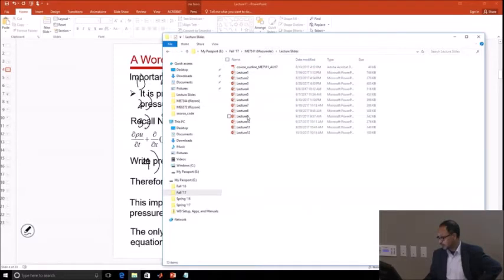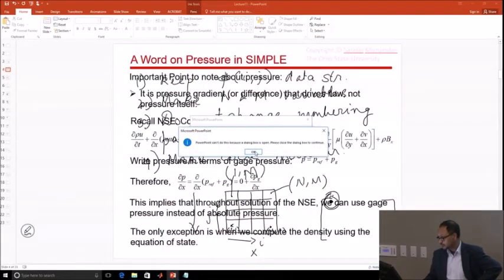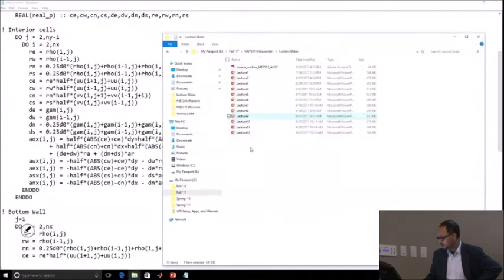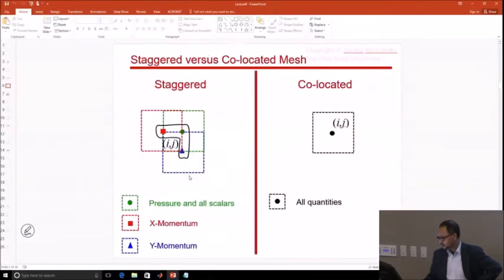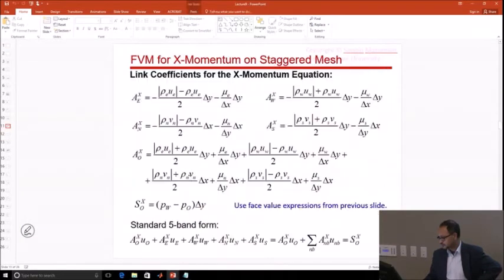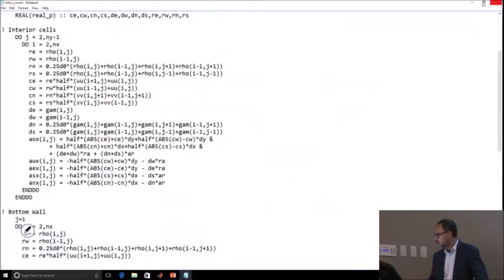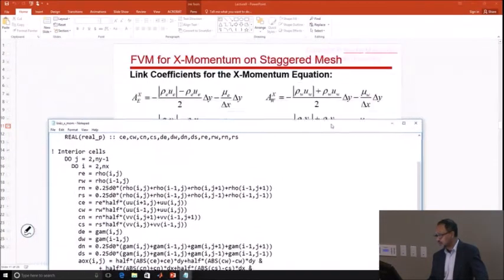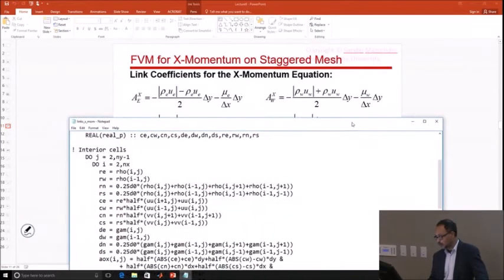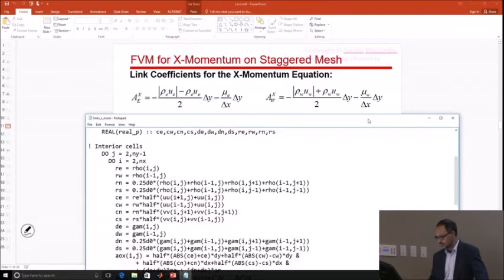If you go back to lecture 9, there we go. This is exactly what I'm coding in. I'll show you an example here, so we'll keep these side by side.